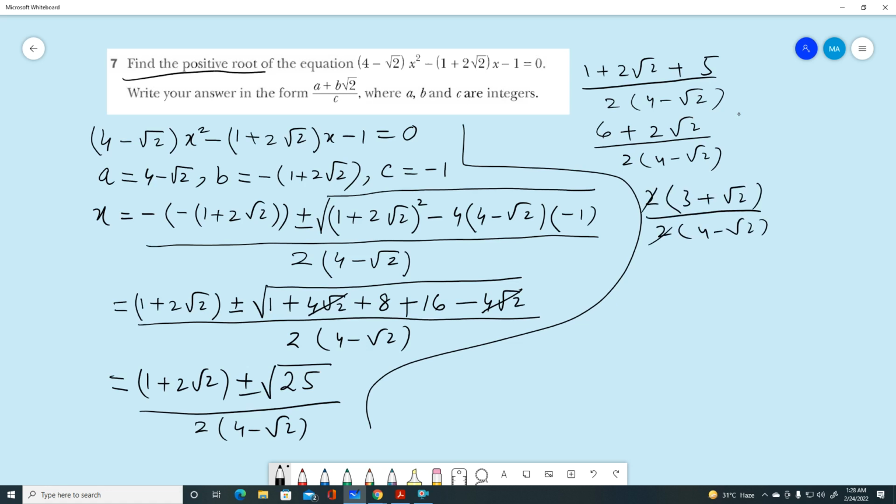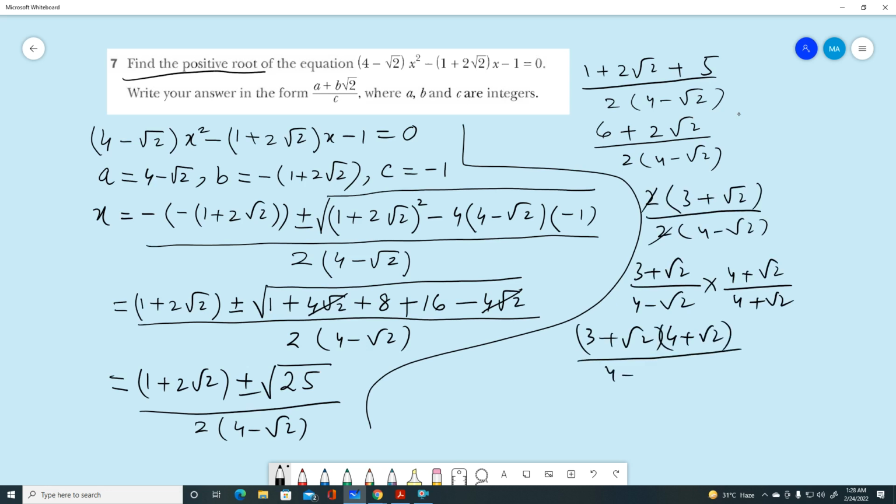So 3 plus root 2 upon 4 minus root 2. Rationalize it: multiply by 4 plus root 2 upon 4 plus root 2. Numerator by numerator, 3 plus root 2 and 4 plus root 2, upon 4 minus root 2, 4 plus root 2.